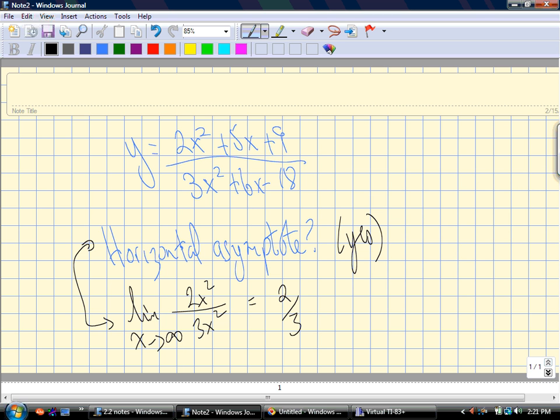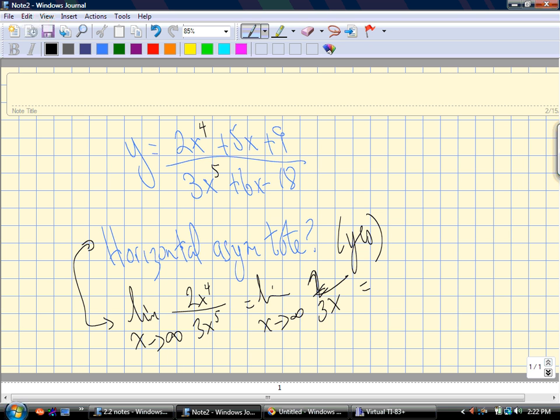Okay? What about this one? Is there a horizontal asymptote? You might have to do one more line for this one. What is it? 2 over 3x. So what's 3 times infinity?